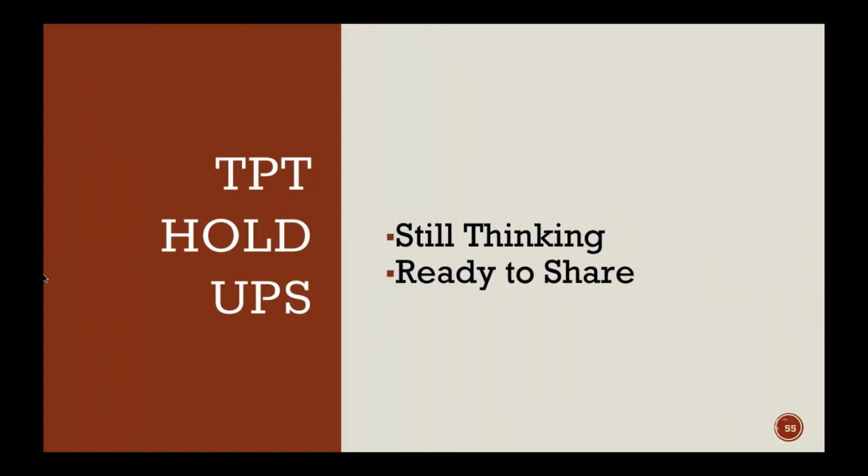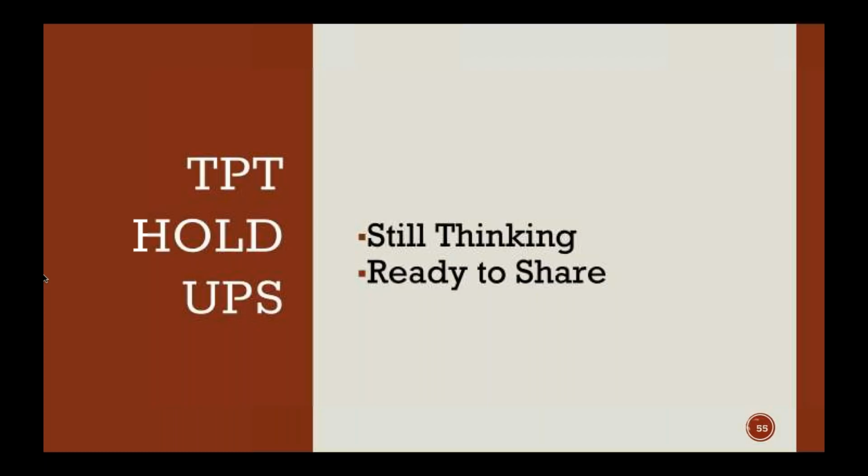Another TPT holdup that you could use in order to know when your students are ready to move on is called a holdup that on one side it says still thinking and on the other side it says ready to share. That way you can know as you're using your proximity how many students are ready to move on and how much more time you need to allow.